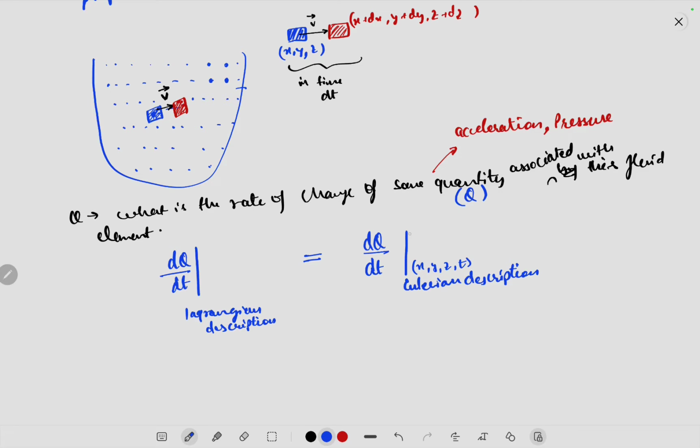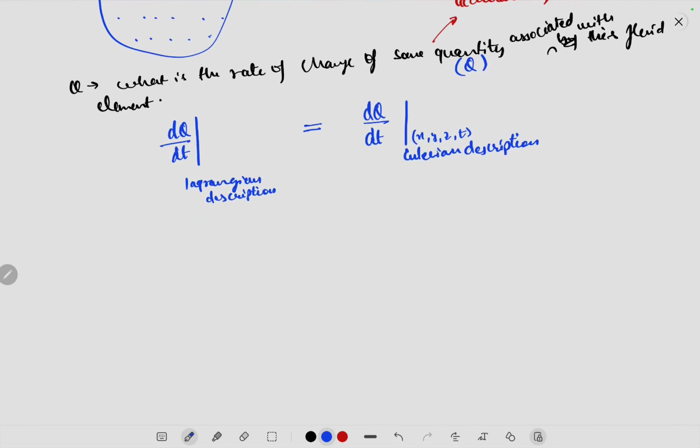So this differential change in q is dependent upon what coordinate value you have chosen, and also what the time is. So this means that q in the Eulerian description is actually a function of the coordinates x, y, z and t.